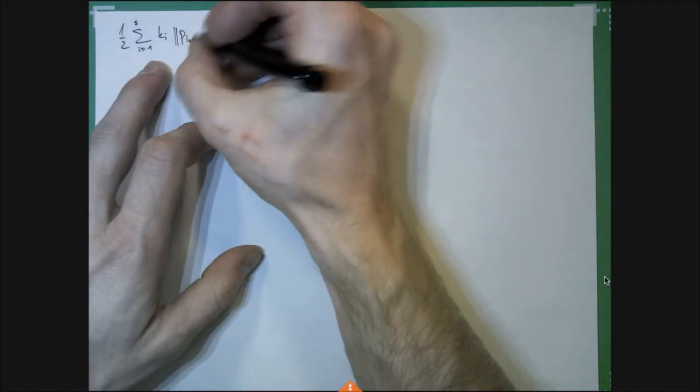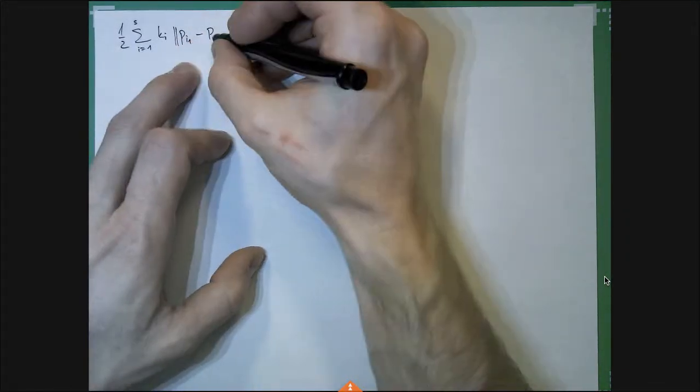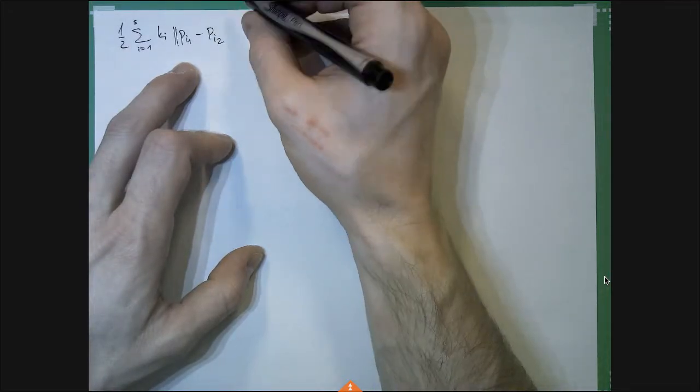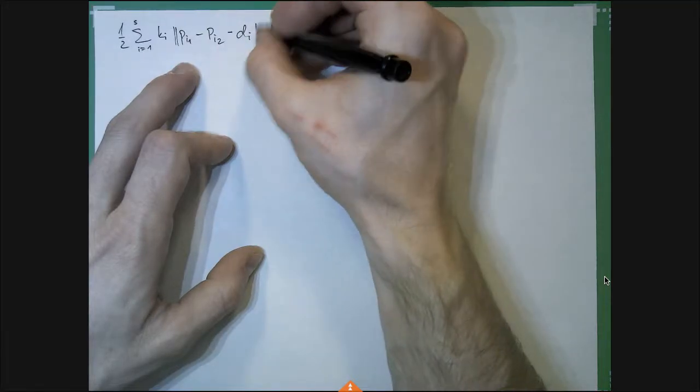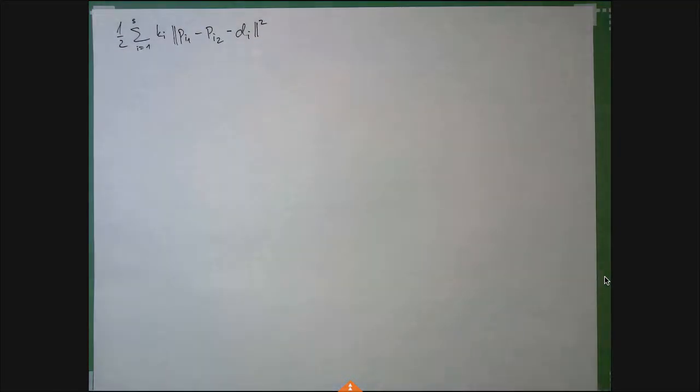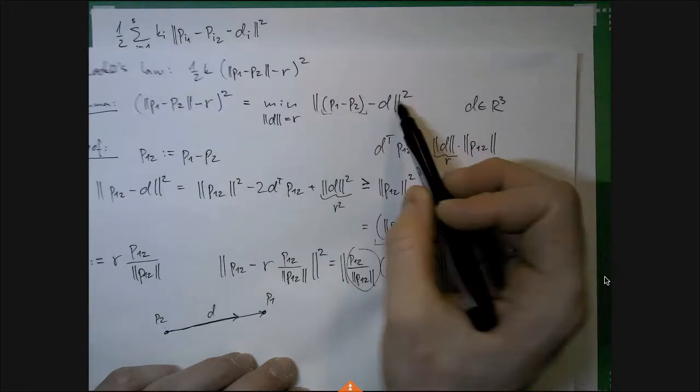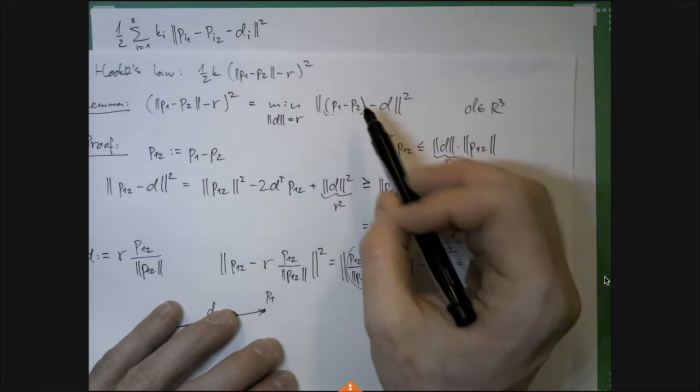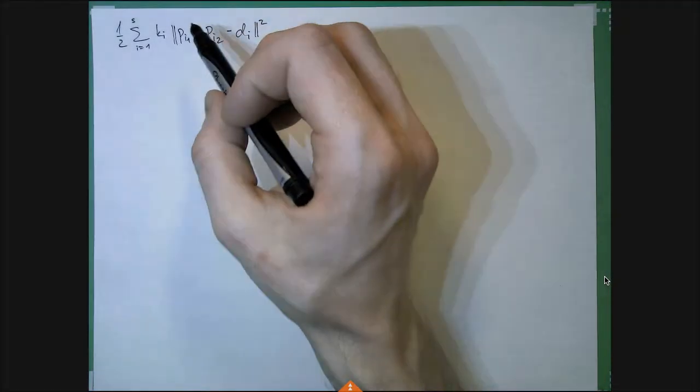And pi1 and pi2 would be the endpoints of the springs. And what I'm doing, I'm taking these objectives in the reformulated version, and I'm summing them for all springs together.